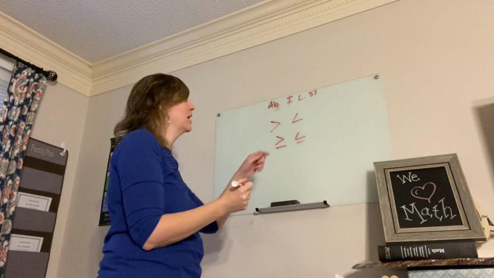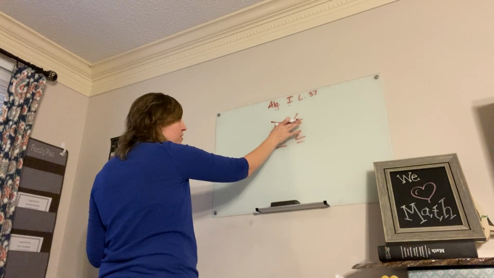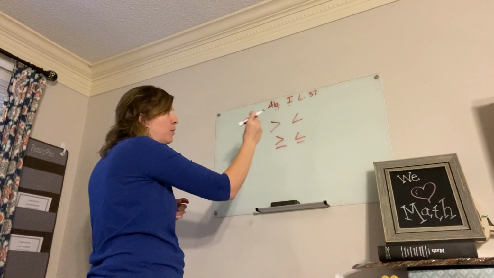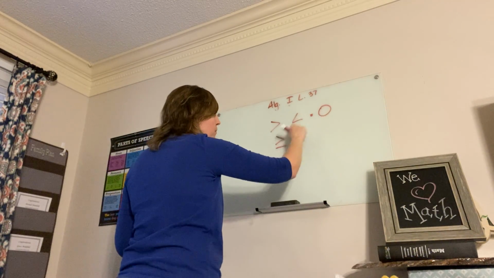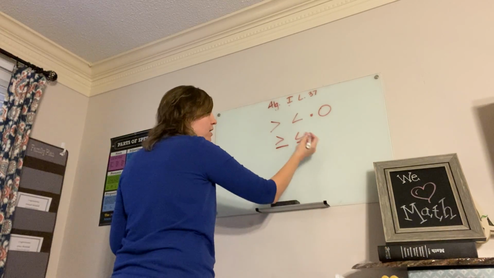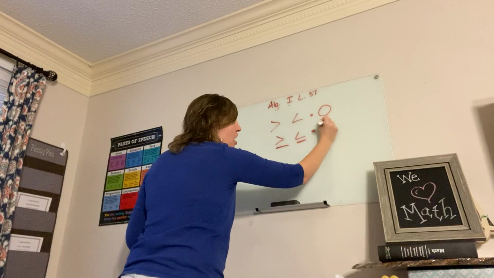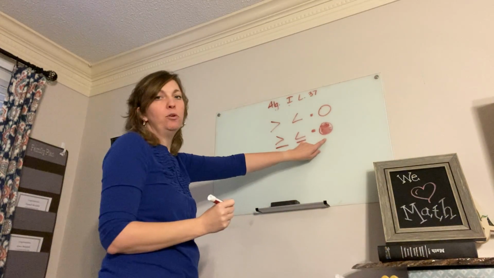I've had students say those look like emojis, right? Anytime you're saying greater than or less than, it goes up until the point, but not including the point, so it's always an open circle. If it's or equal to, and they have that one line underneath, the dot is going to be shaded. It means it does include the point.